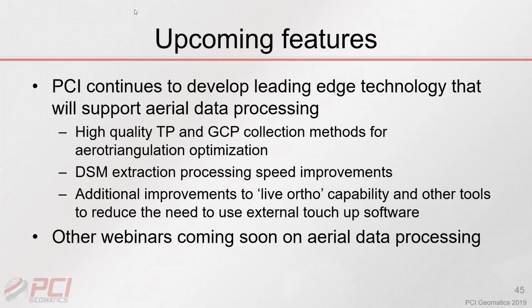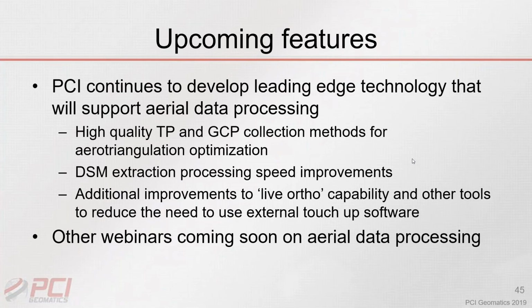So just a couple more notes on upcoming features. We do continue to develop our technology to support aerial data processing. We have high quality tie point and GCP collection methods for aerial triangulation optimization. That is something that we're currently working on to improve, and that just helps with everything.